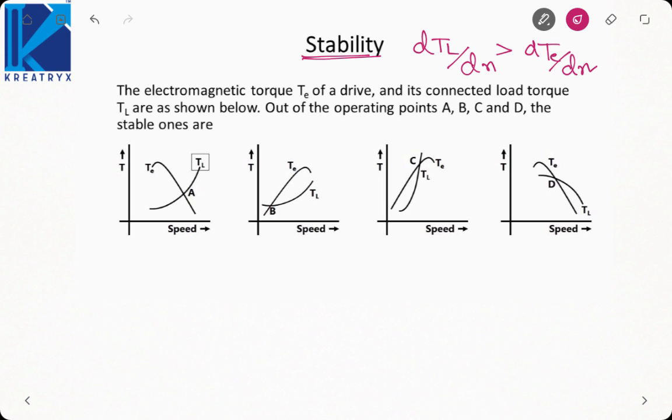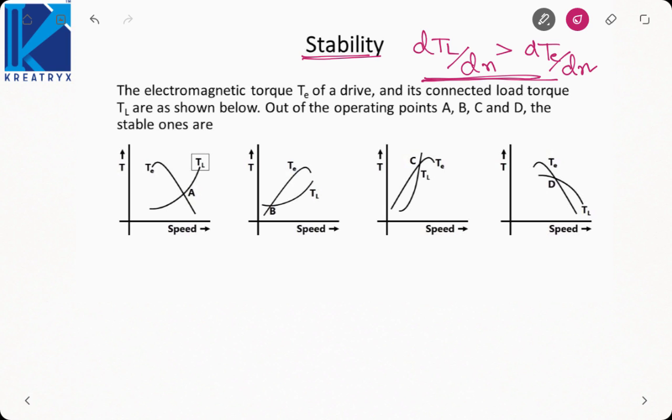Okay. So what happens is the operating point of any motor is decided by the intersection of electromagnetic torque and load torque. But whether that point is stable or unstable is decided by the slope. Here, whenever you are taking the slope, you have to consider the sign also. So let me show you how.